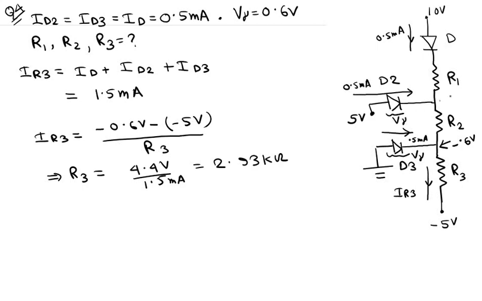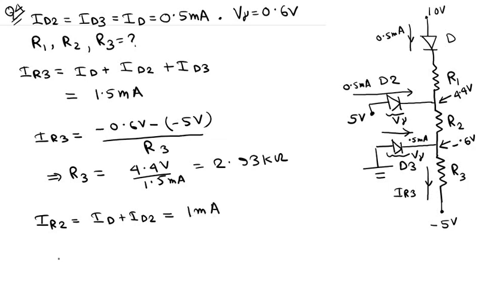So this voltage must be equal to 4.4 volts. Okay, so now we know that IR2 is basically ID plus ID2, plain Kirchhoff's current law again, and this is equal to 1 milliampere over here.